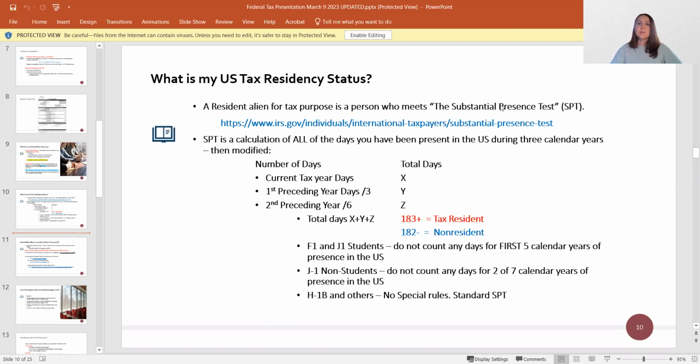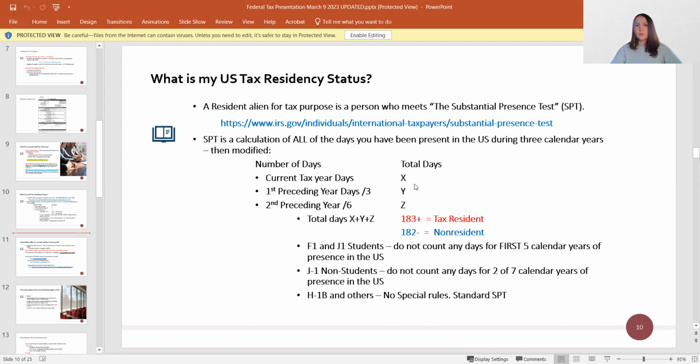I included the link from the IRS website where you can find more information about the substantial presence test, but the formula is very simple. The IRS requires you to look at your days in the current year, then look back to the preceding year and divide it by 3, then look back at the second preceding year and divide it by 6.